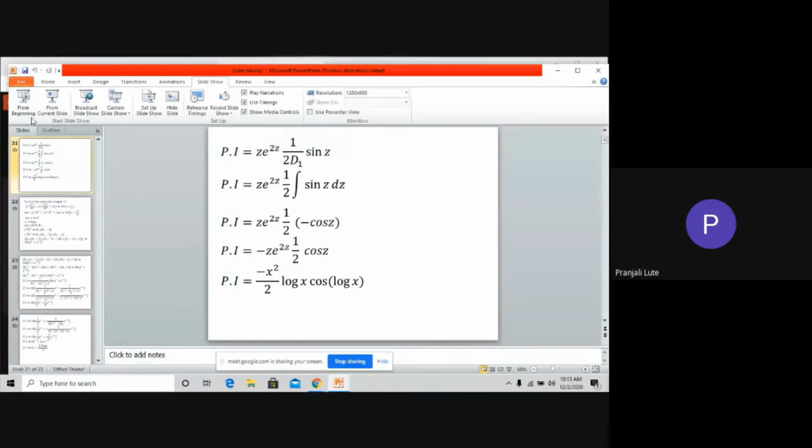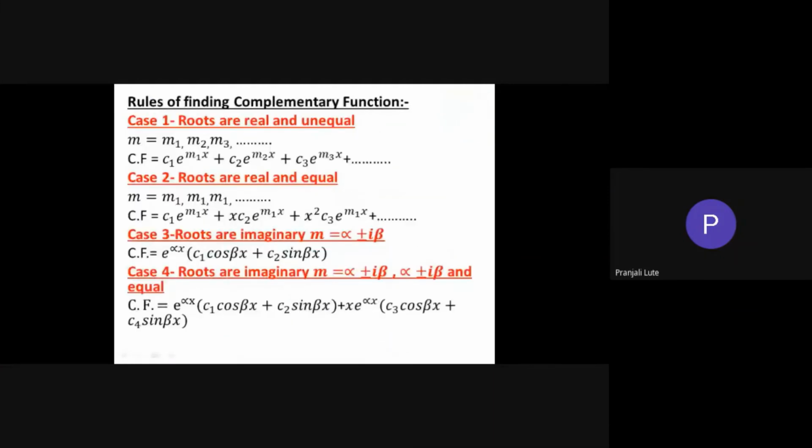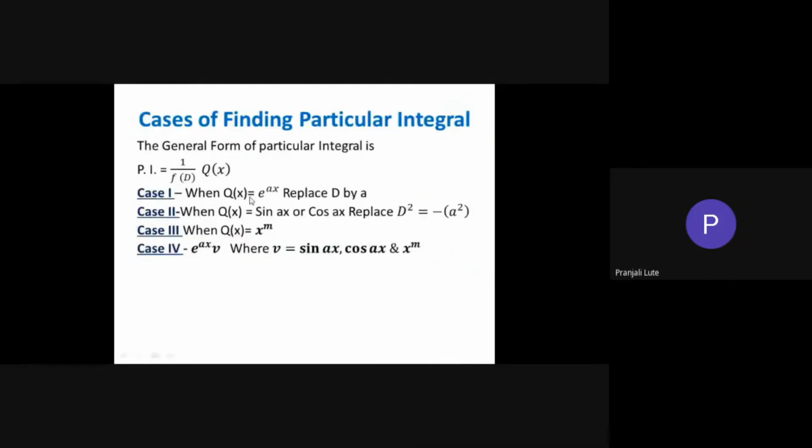Here these are the cases of finding particular integral. If your right hand side is e to the power ax, e to the power ax means e to the power 2x, e to the power 3x, e to the power 4x, then we have to apply the first case, that is replace D by a.